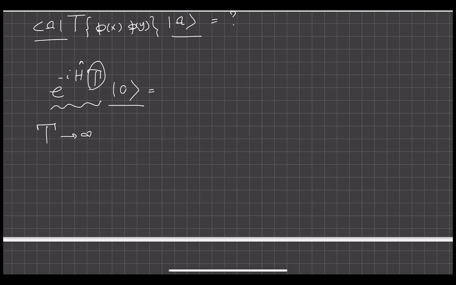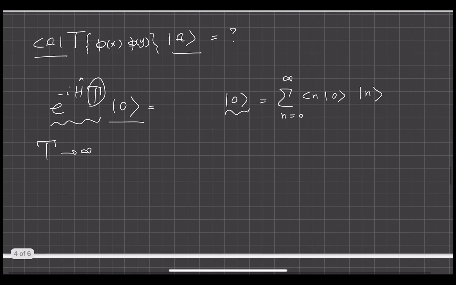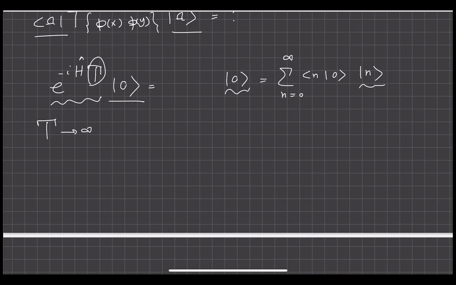We can project the state 0 onto the eigenstates of the total, interacting Hamiltonian. So the state 0 can be written as the sum over n from 0 to infinity of |n> times <n|0>, just using the completeness of the basis and projecting onto the eigenvectors of the total Hamiltonian.